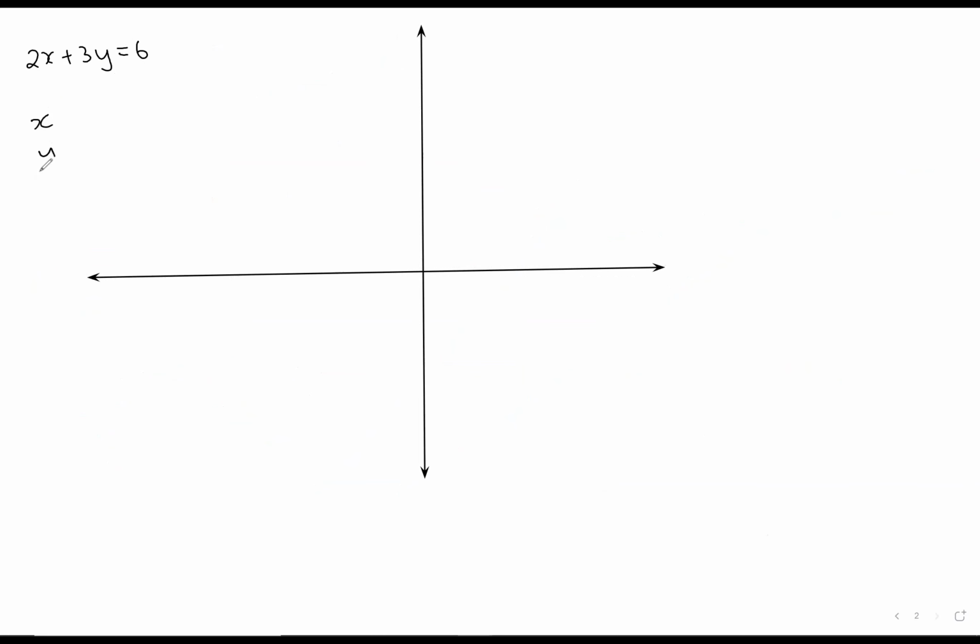We know how to plot it. And then once we're done, we can see which point it is crossing the y-axis at. Is there any other way in which we can figure that out? Because plotting the graph takes plenty of time.